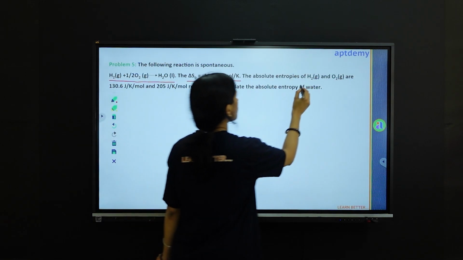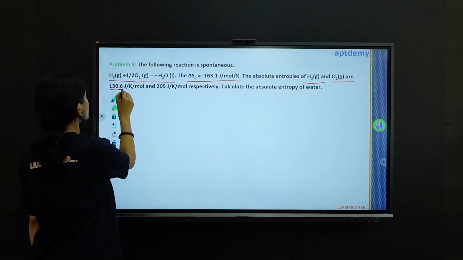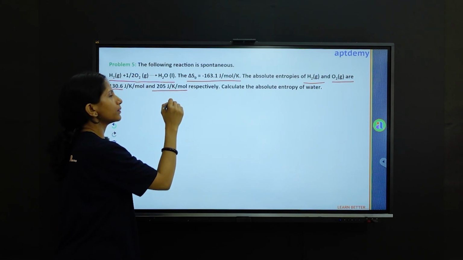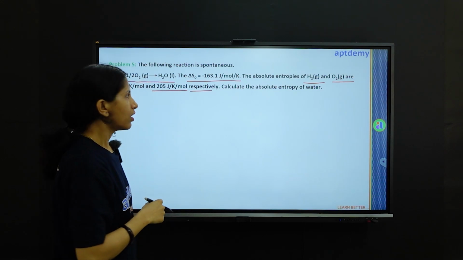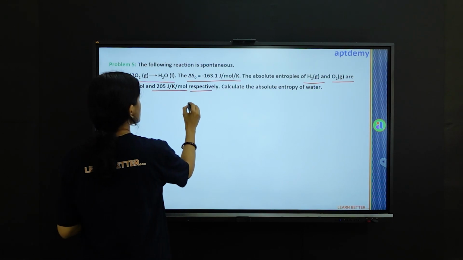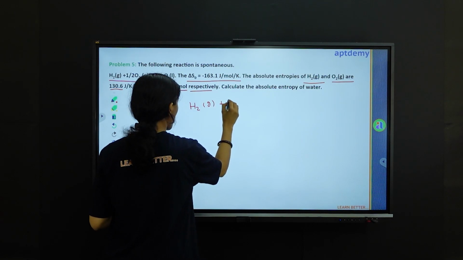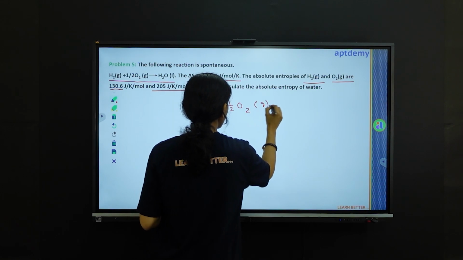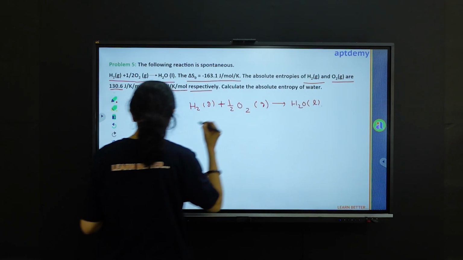The absolute entropies of H₂ and O₂ gas are also given as 130.6 joule per Kelvin per mole and 205 joule per Kelvin per mole respectively, and they are asking to calculate the absolute entropy of water. So let's write the equation once more: H₂ gas plus half O₂ gas is giving you 1 mole of H₂O in liquid form, right?